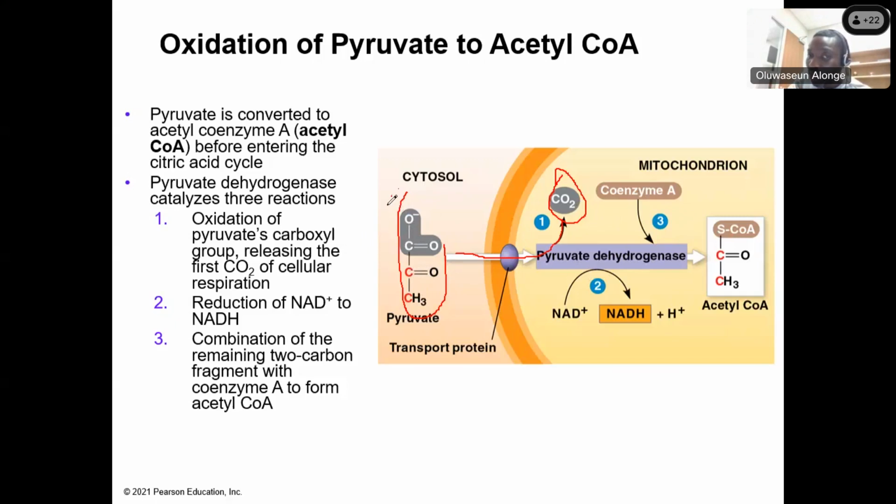So this O is gone now. That's what makes the CO2, because oxygen binds to this. In the course of it, an electron was also released, and the electron that was released was accepted by NAD plus. It became NADH. This is now an electron carrier. One NADH was formed.